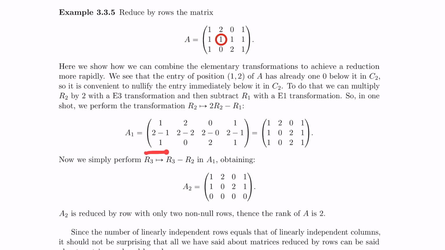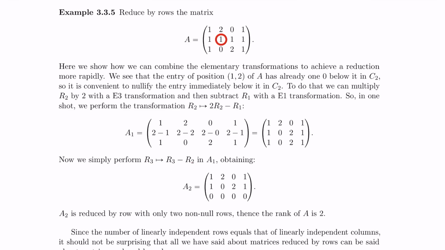You see that by performing the computations, we arrive at a matrix in which the second column has 2, 0, 0, and so 2 in the first row is a special element. We also see that the second and the third row of the matrix A1 are the same, and so we simply perform the operation R3 goes into R3 minus R2.